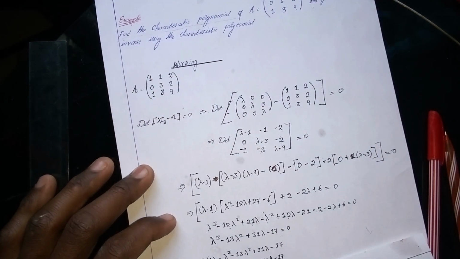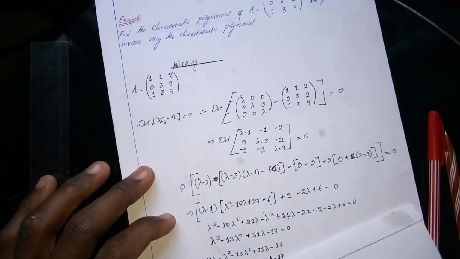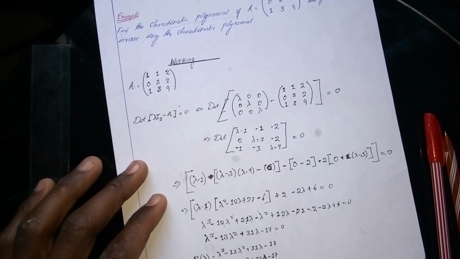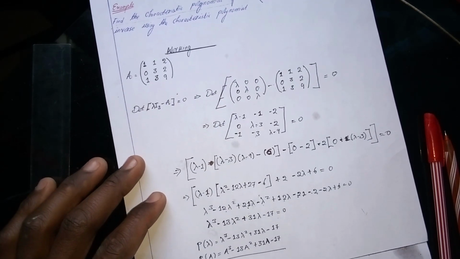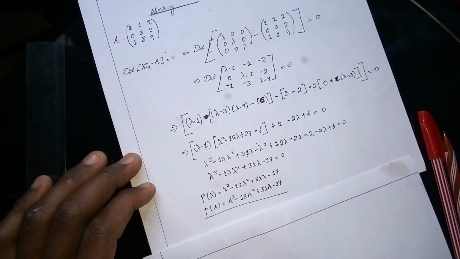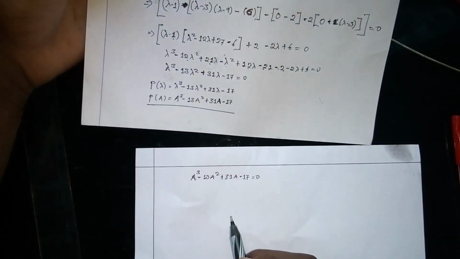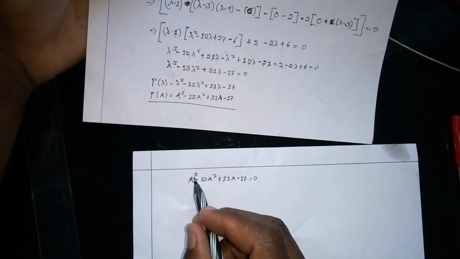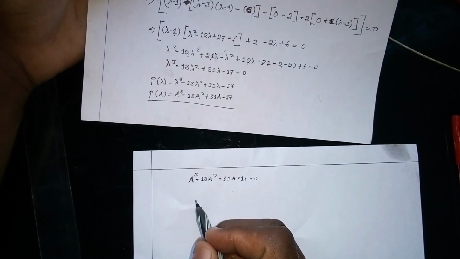Now we are supposed to find its inverse. Finding the inverse, let's multiply this matrix by A inverse.